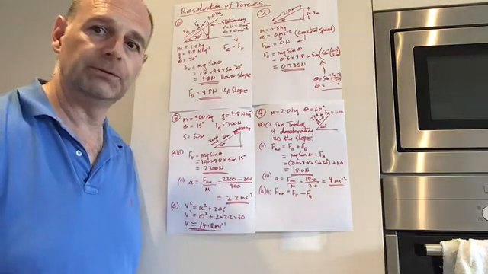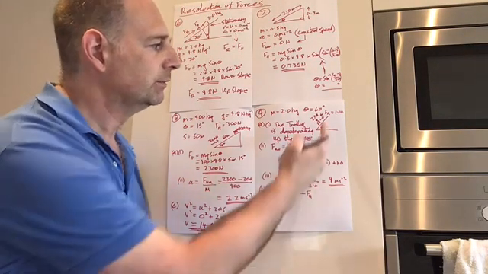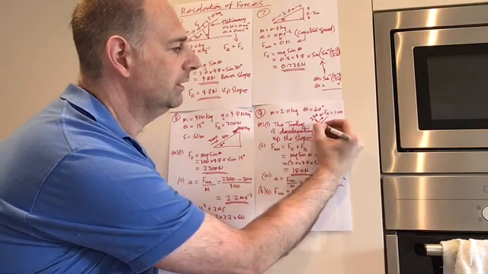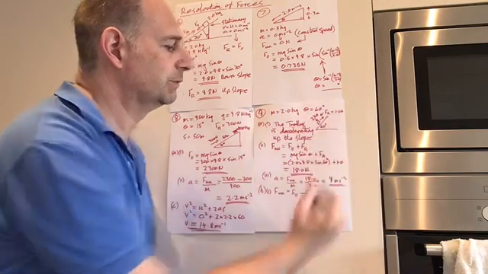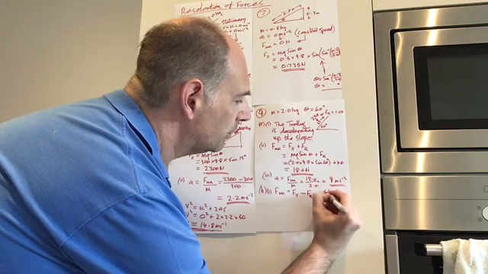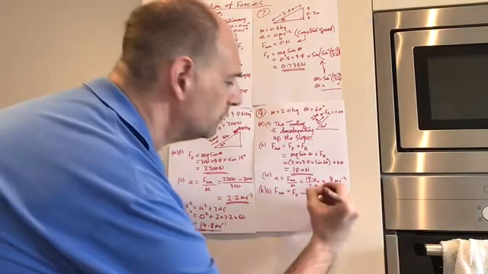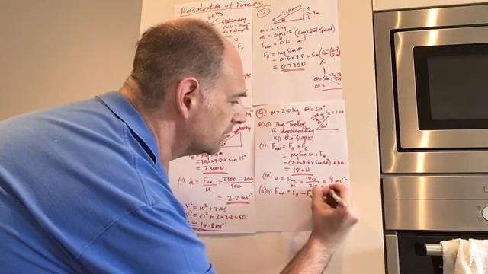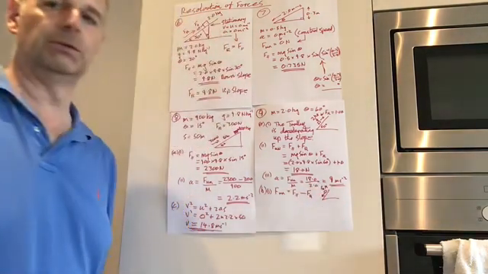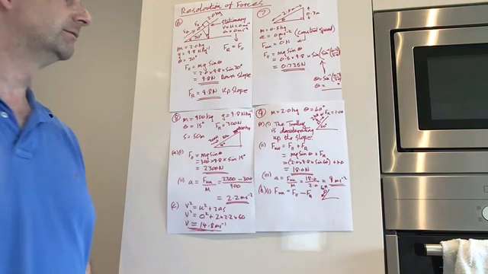Because the frictional force is always opposed to the direction of the motion. So up here in part A, the trolley is moving up, so the frictional force is pointing down the slope, but down here in part B, the trolley has stopped and is now rolling down the slope, which means that the frictional force is now pointed up the slope, so we are taking it away.